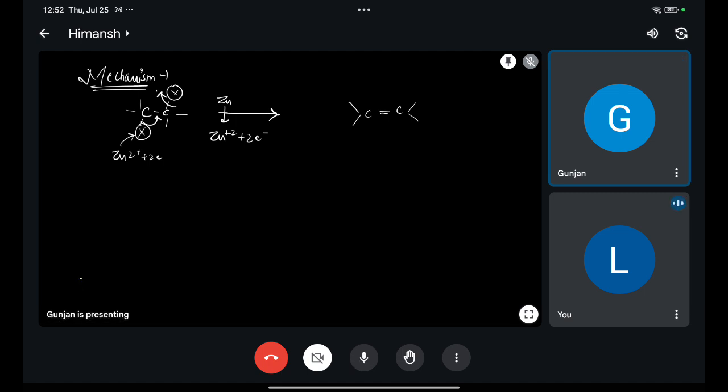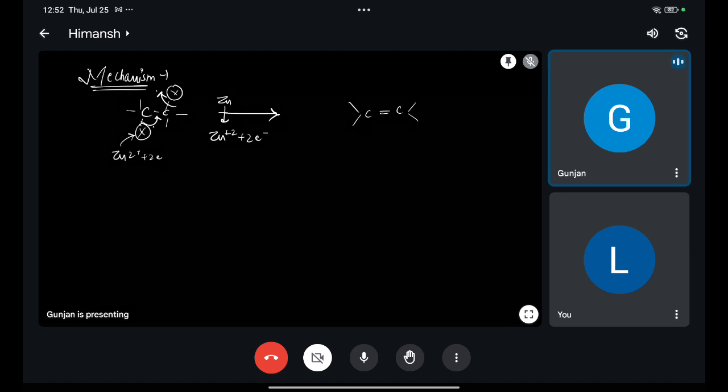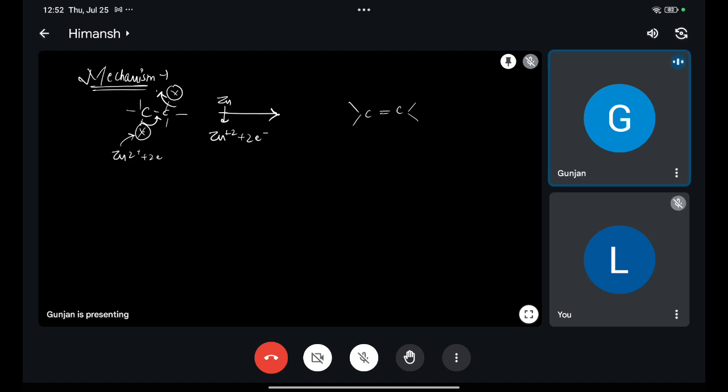Ma'am, is C plus and X minus forming, and these two electrons going to that C plus, and a bond forming between them? See, what happens is the C and X bond breakage happens, but the bond breakage is in a different manner.